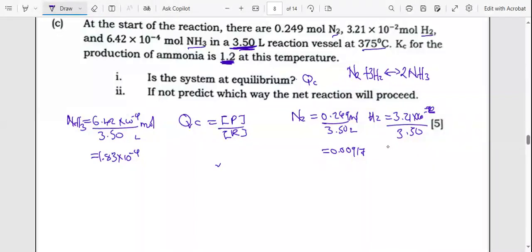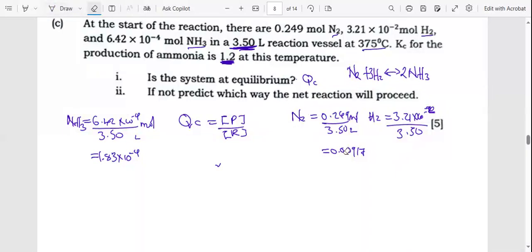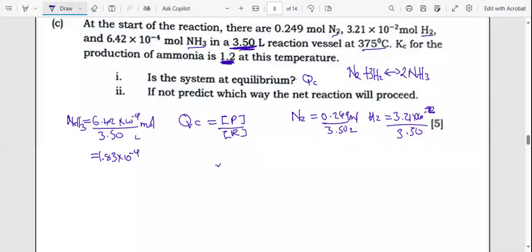Then for hydrogen, I think I've calculated already for hydrogen. I've calculated for nitrogen and for ammonia. So for hydrogen, no, I've made a mistake. I need to punch this properly. I'm not sure, so I don't believe this.